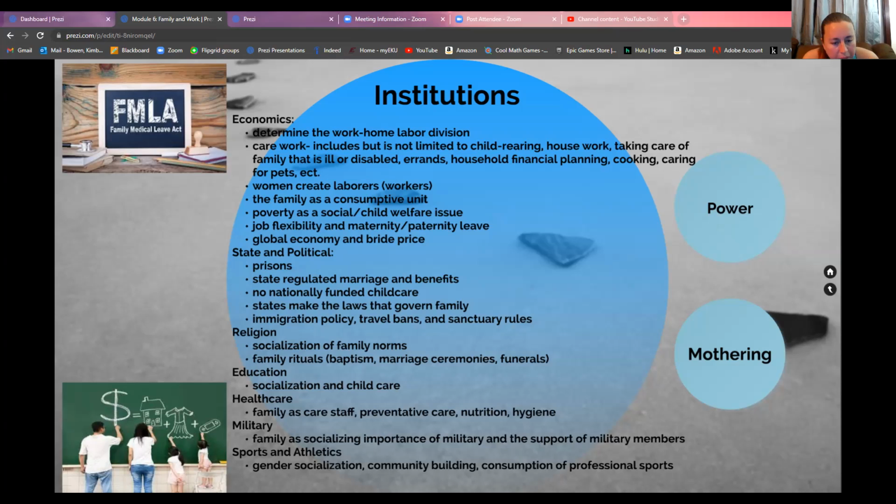But women also create the laborers, right? By creating new humans, you're creating people that will eventually go into the workforce or become part of that consumer capitalist system. And so women become a very important part of that capitalist structure, because it is assumed that more workers will be made.